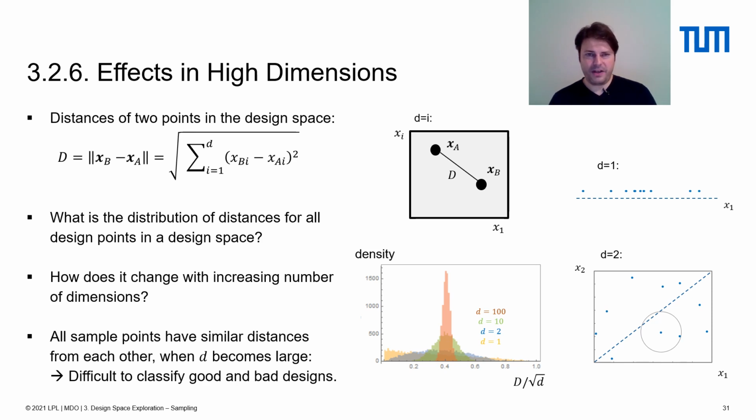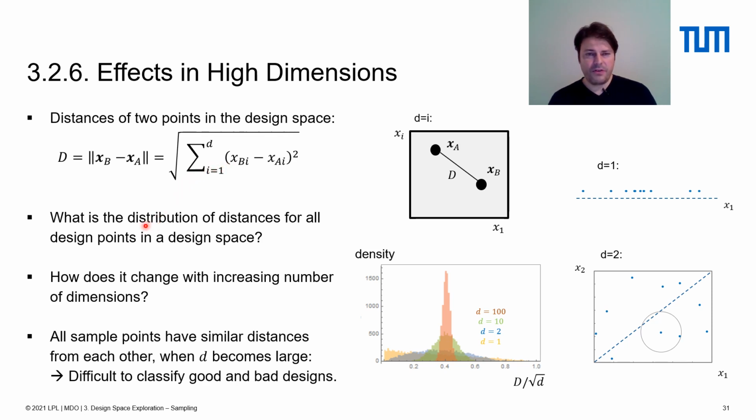For the first effect, please think of the distance of 2 design points, like shown here. So there's a design point called XA and a design point called XB. And the distance in high dimensions would be given by this formula. It's the square root of the sum of squared component differences. Now that's fairly straightforward.